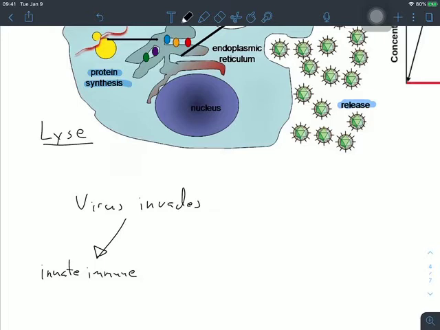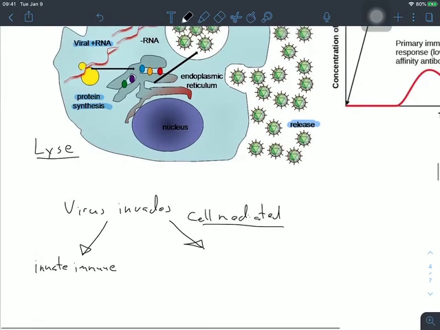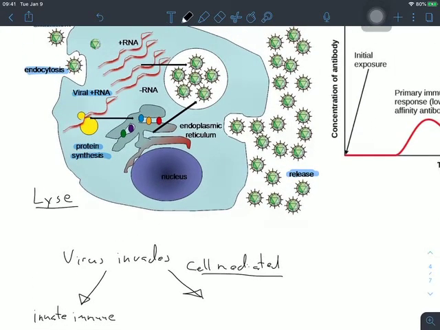But in our case here, we wanted to say that that does not happen. So instead, we are going through our cell-mediated response. Because now, this cell here that's a factory for viruses needs to be destroyed. So how does that happen?